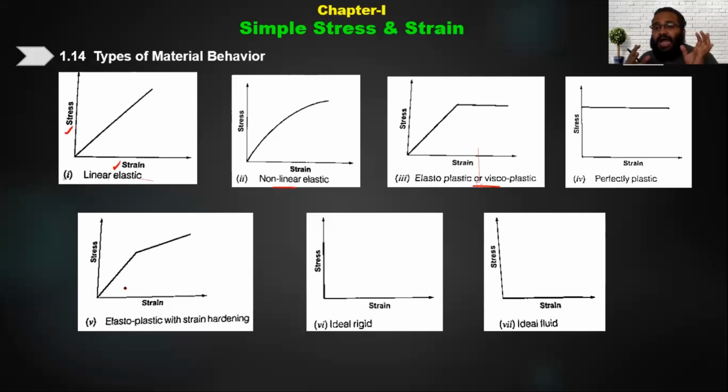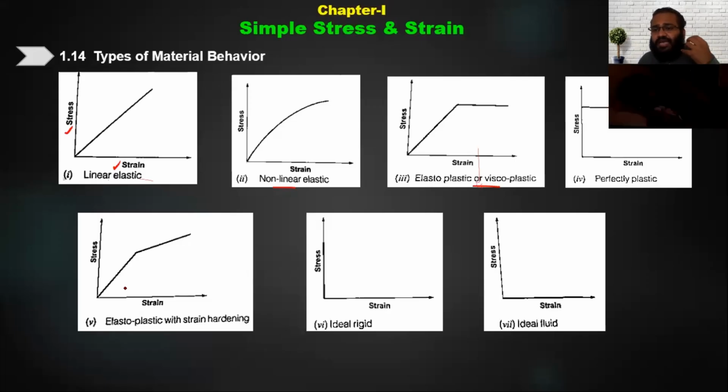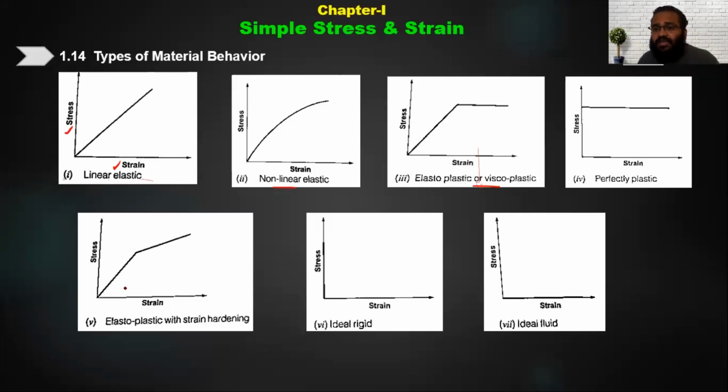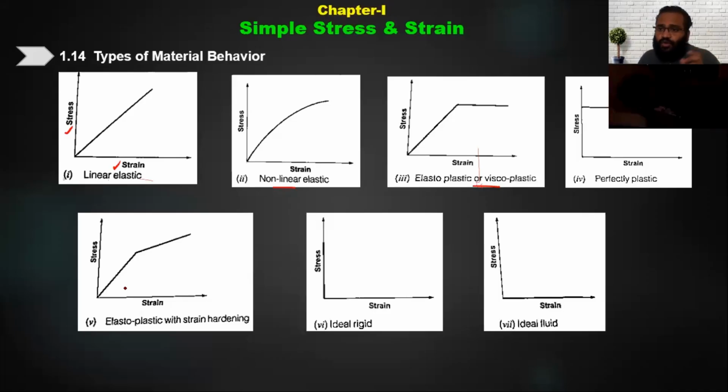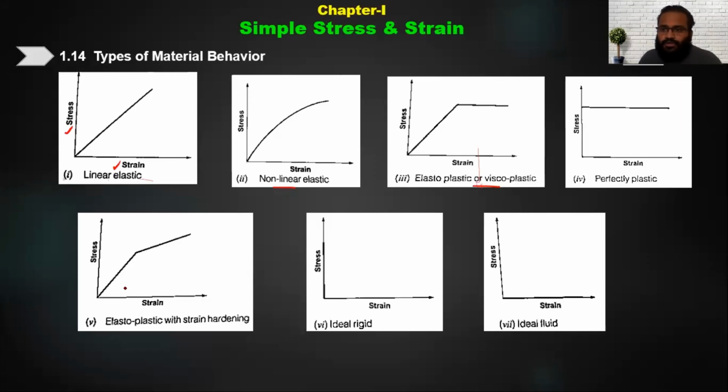You must have heard of hardening, vulcanizing of rubber, nitriding, then addition of sulfur to the steel, addition of chromium to the steel, what difference these additions make to the elastic properties of that pure material. So you are going to learn in detail in MSM, that is material science. That is not the scope of strength of materials. That is why I'm just displaying you the graphs.